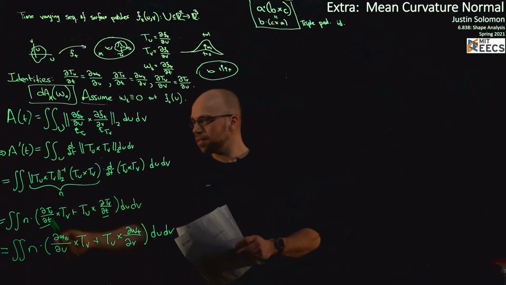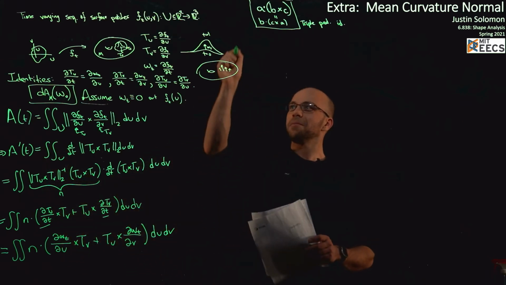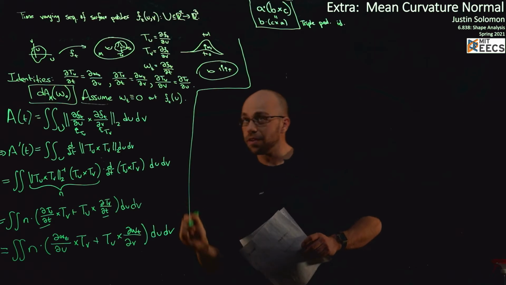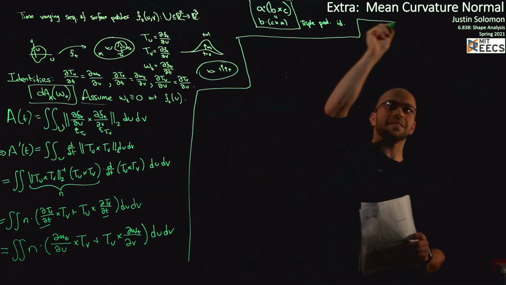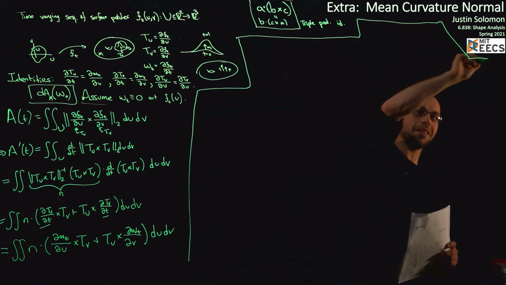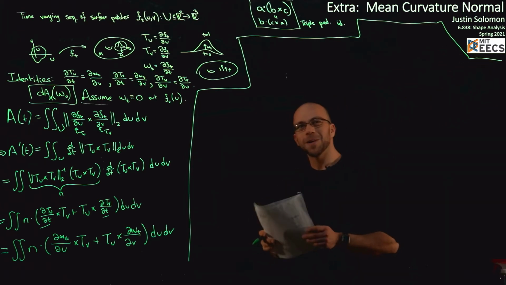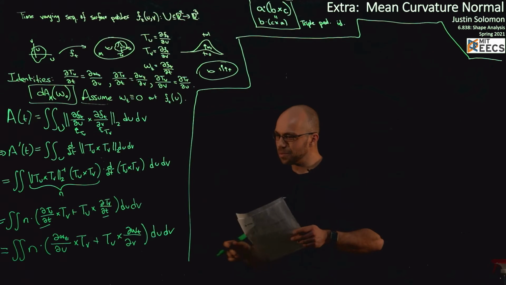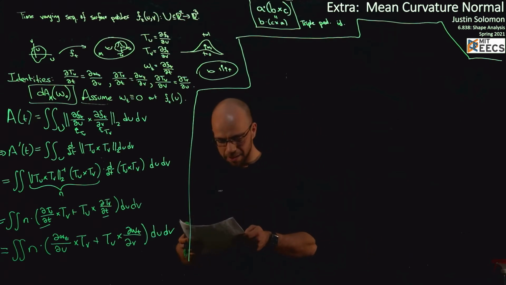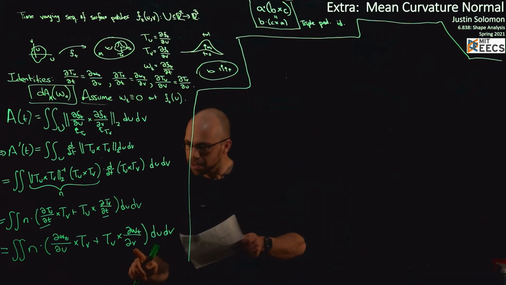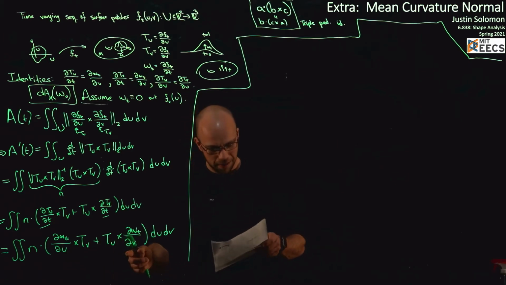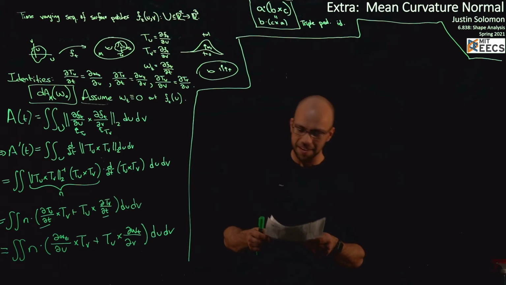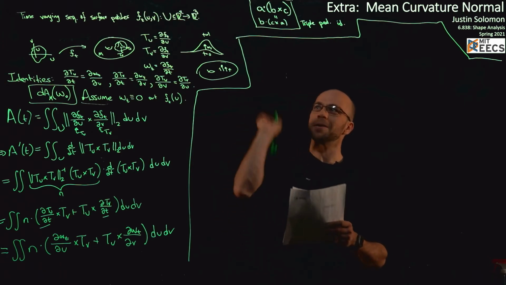We're going to continue our simplification of A prime. Maybe I'll section things off on the board a little bit. Okay, so now what do we have? Well, we're going to cycle these things around. And what I'm going to try and do is pull out the derivatives with respect to u and v to the outside, because that's what's going to allow us to apply integration by parts.